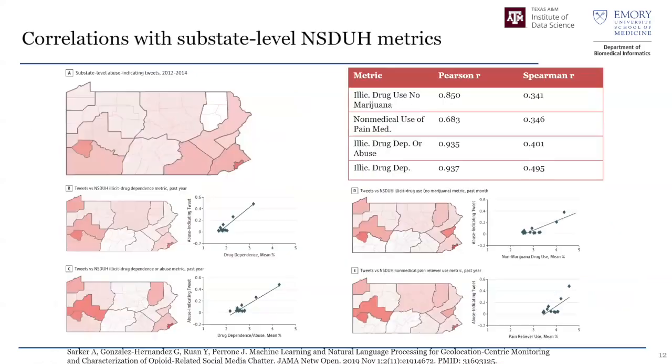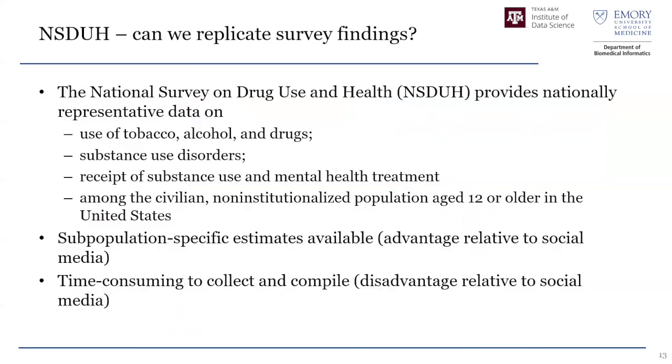We are integrating this into a dashboard. We also found very good correlation with some metrics from the National Survey on Drug Use and Health, but since we were only using Pennsylvania as our target state and the metrics are derived at the sub-state level, we didn't have sufficient N to obtain statistical significance.